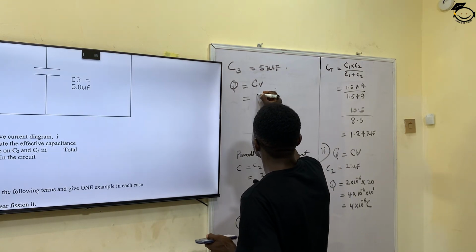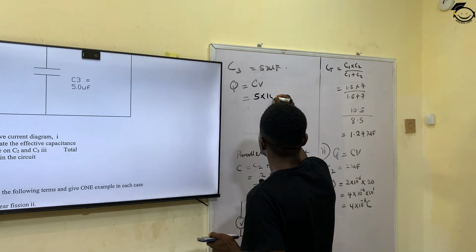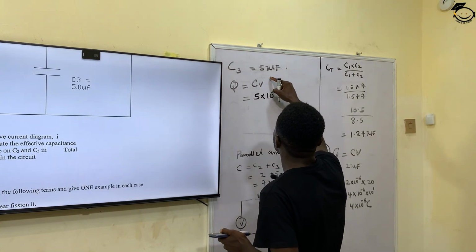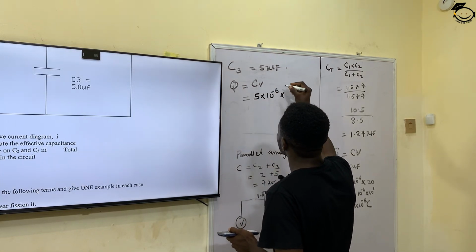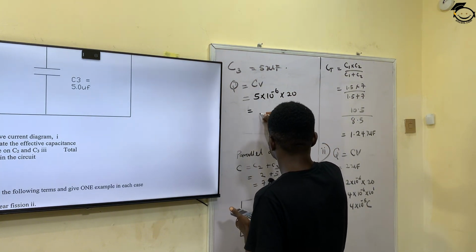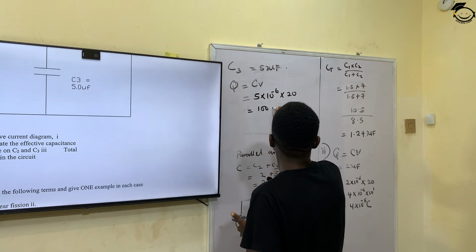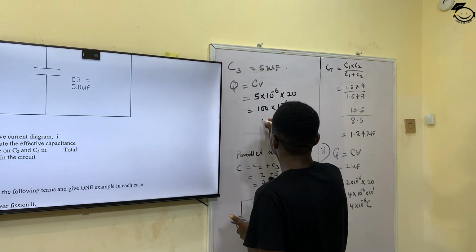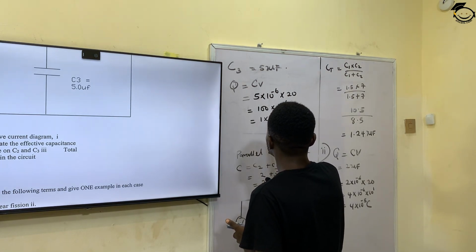So I have 5 times 10 raised to power minus 6 as the capacitance, times the voltage in this question, which is 20. That gives me 100 times 10 raised to power minus 6, which is the same as 1 times 10 raised to power minus 4 coulomb.